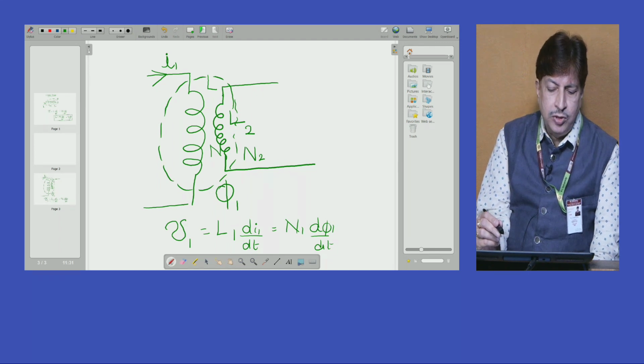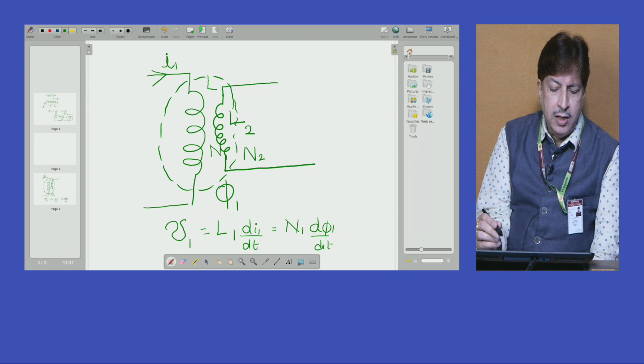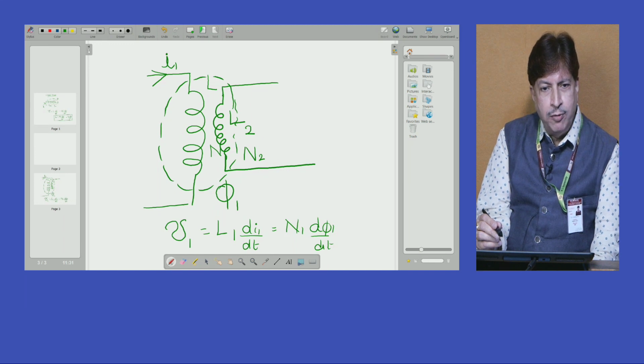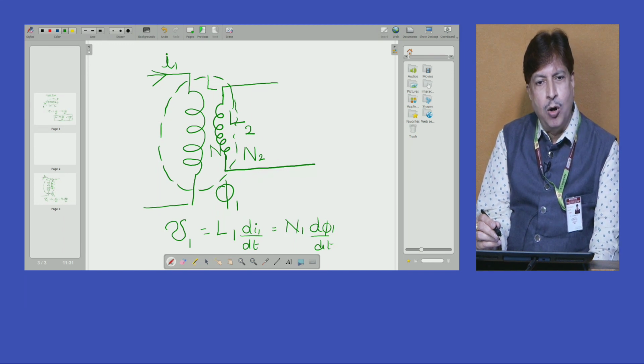Let us assume coil number 2 is having a part of the flux generated by coil number 1.